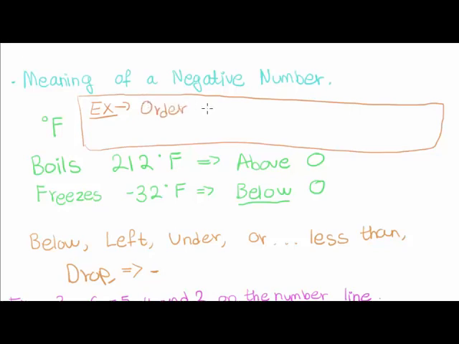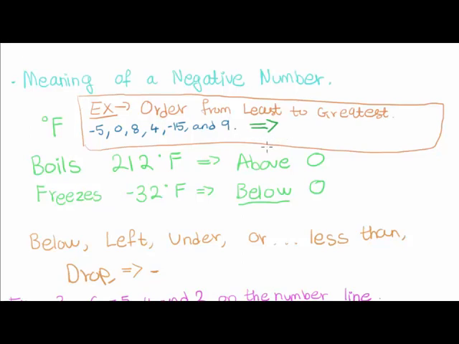So order from least to greatest these numbers right here. And the numbers are -5, 0, 8, 4, -15, and 9.